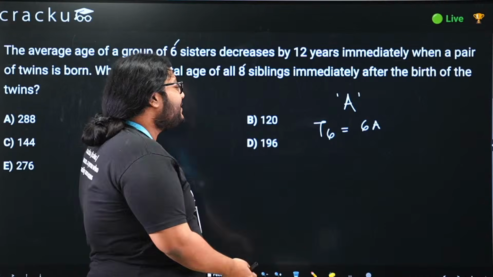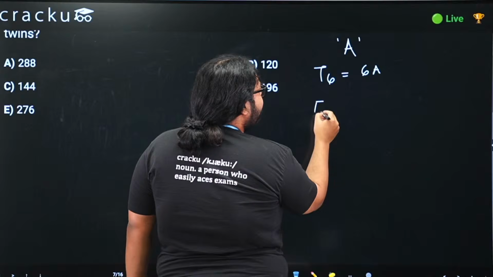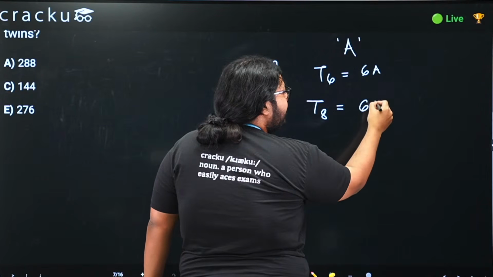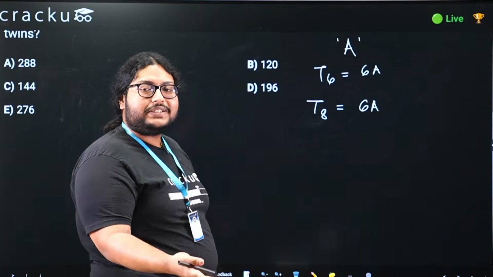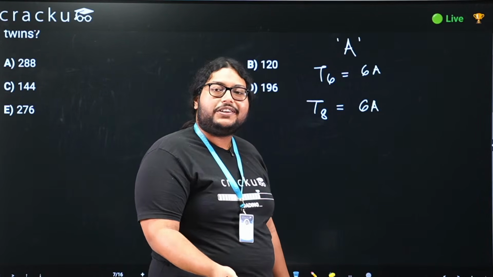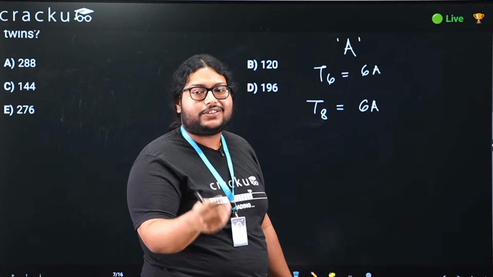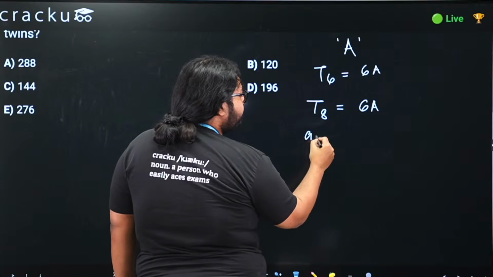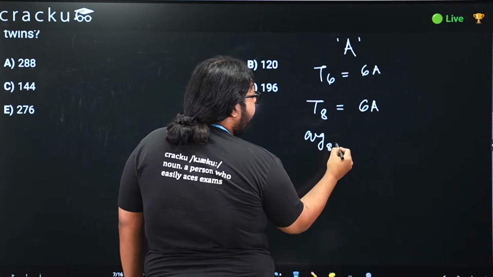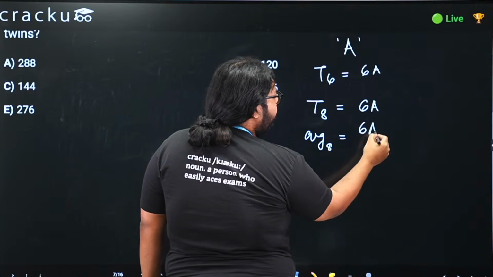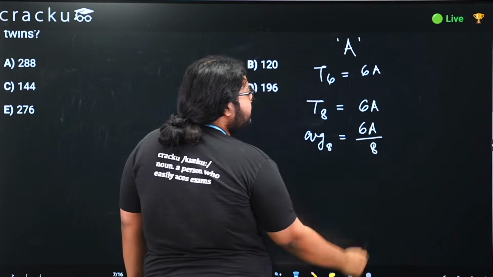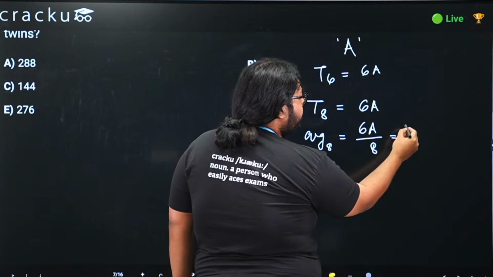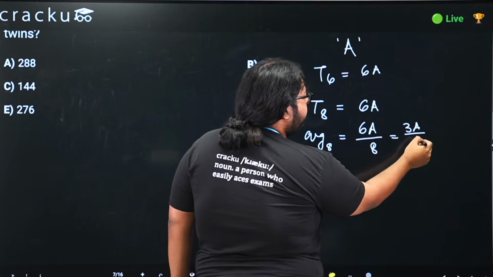So the total age of all the 8 children is still 6A. But the average of all the 8 becomes 6A divided by 8, because the number has changed from 6 to 8. This is basically 3/4 of A, or 3A by 4.